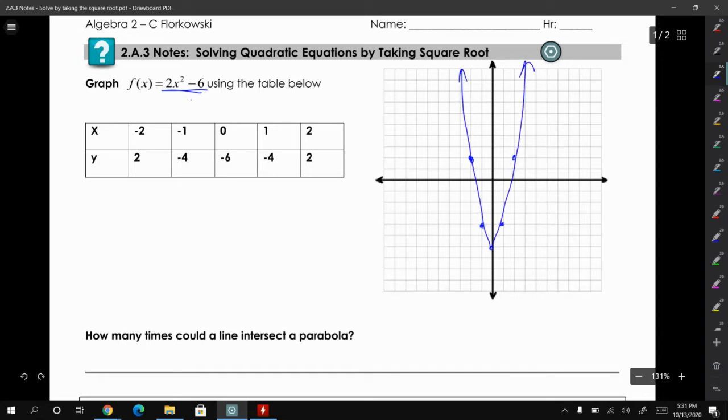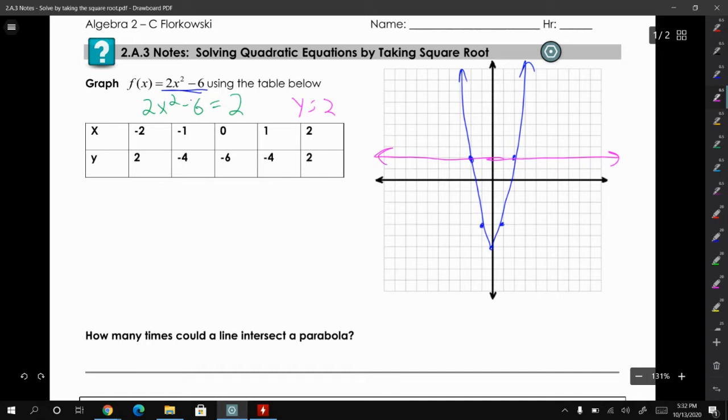When we solved systems of linear equations, we were looking at where the two lines intersected, if they intersected at all. We can think the same way when solving quadratic equations. So if we had this equation, 2x squared minus 6 equals 2, remember that if I wanted to graph the line y equals 2, we go up 2 on the y-axis, and we draw a horizontal line.